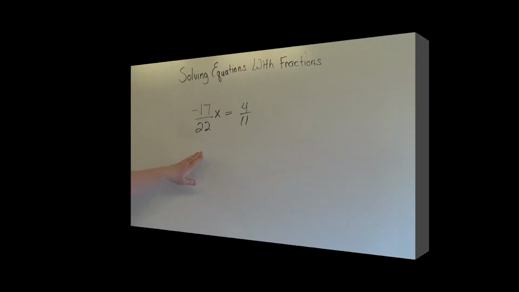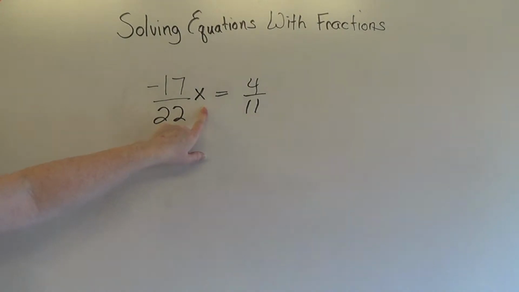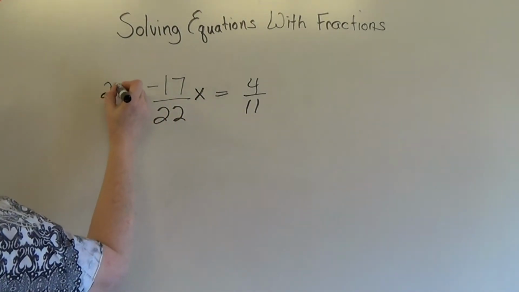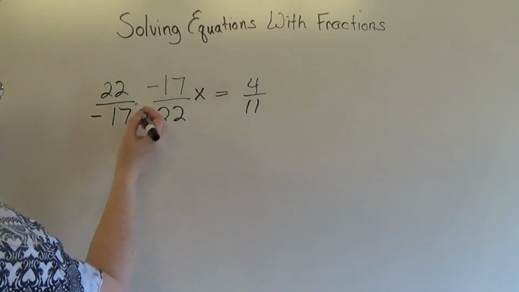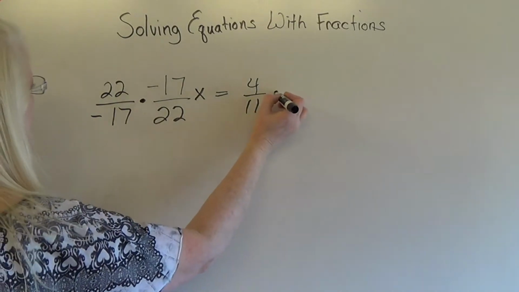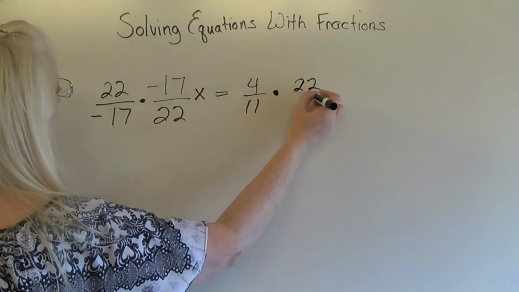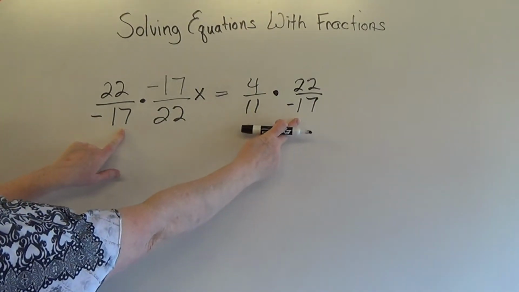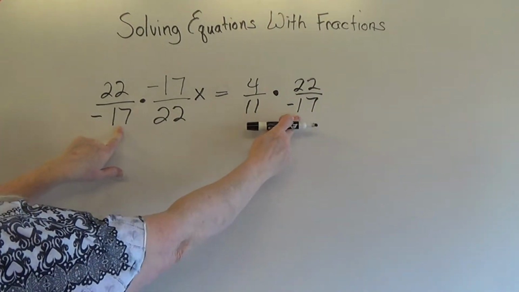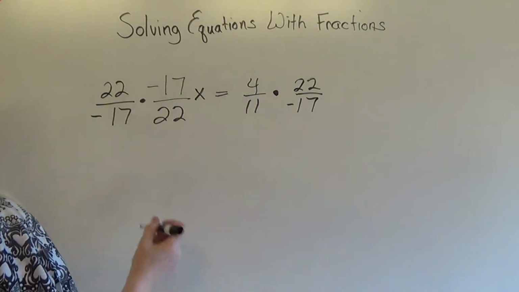In this problem again, we want to get x by itself. So we're going to flip this fraction, which is called the multiplicative inverse. We're going to multiply the left and the right side by the flip fraction. So they look identical on the outside. That's a good thing to do, is just check that to make sure you read it right.